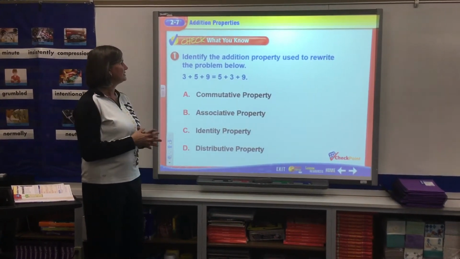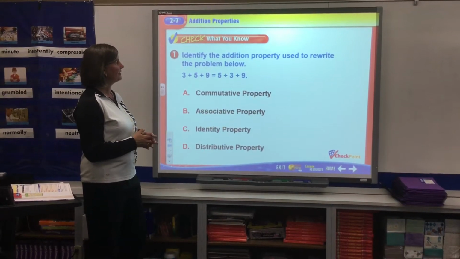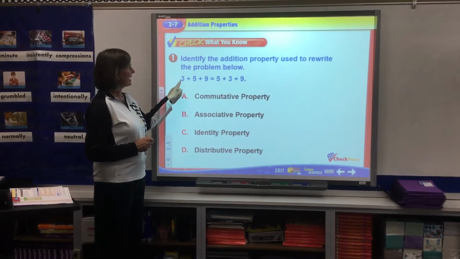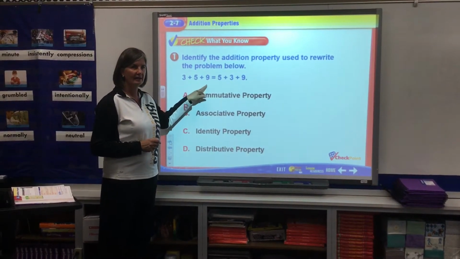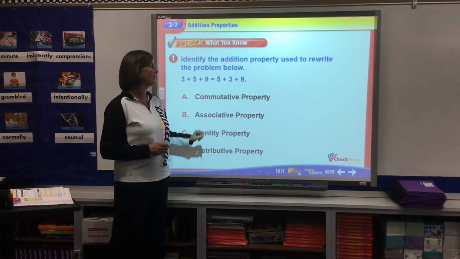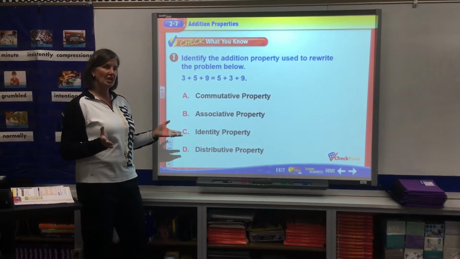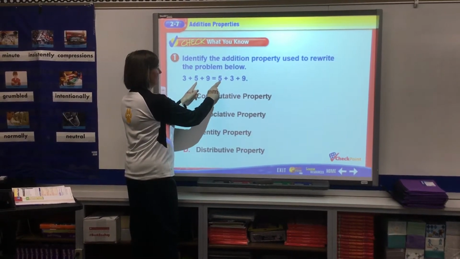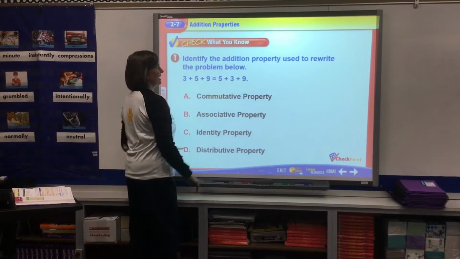All right, now this one says to identify the addition property used to rewrite the problem below. On this side, we have 3 plus 5 plus 9, and it says that equals 5 plus 3 plus 9. Now, all they did here was change the order. We have a 3 on this side, a 3 on this side, a 5 on this side, a 5 on this side, a 9 on this side, and a 9 on this side.